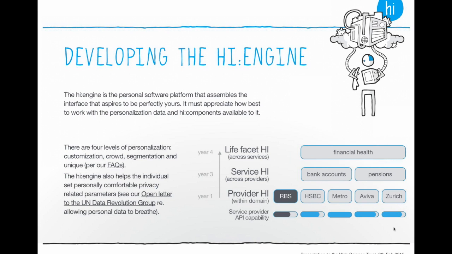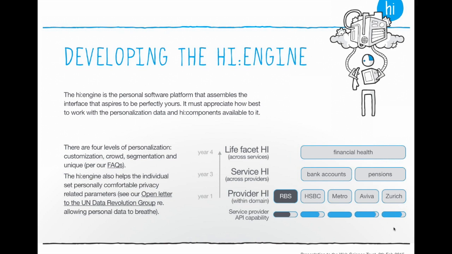To the lower right, you can see some stages that we think will expand through as the HI project grows. The first manifestation we call the provider HI, which replaces or supplements an organization's existing UI with HI.